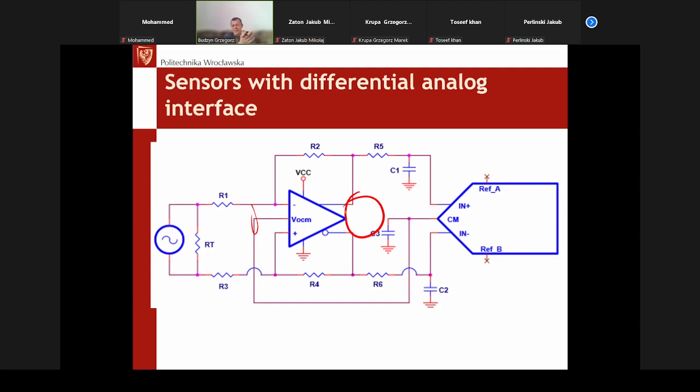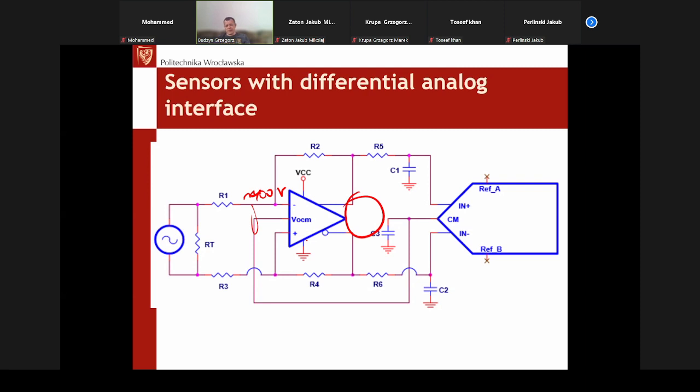The buffers I saw a few times are capable of handling a potential here of even 100 volts, or even 100 or more volts at the minus and plus input. Of course, the difference value between minus and plus has to be much lower, but the potential of the point can be 100 volts or even more.